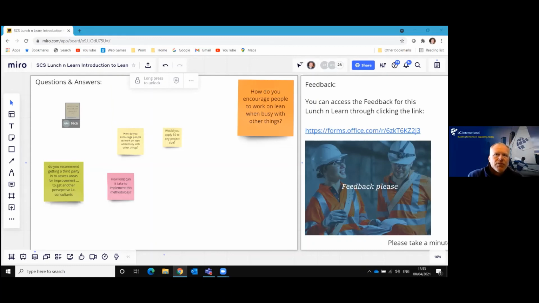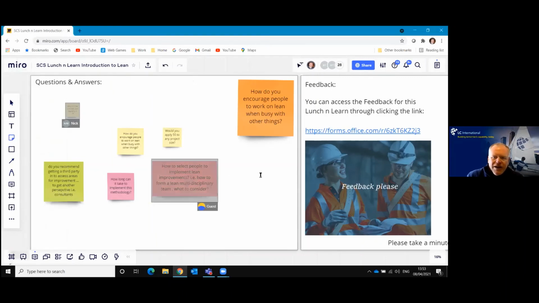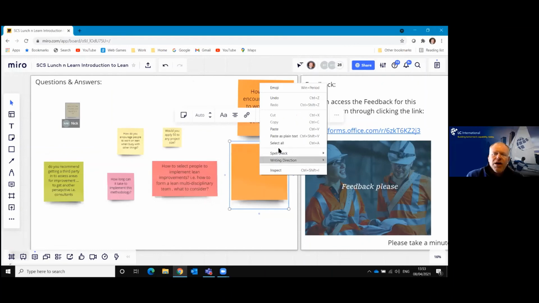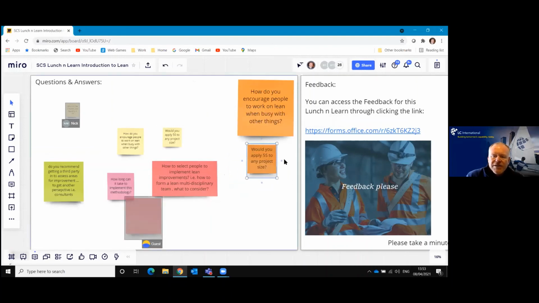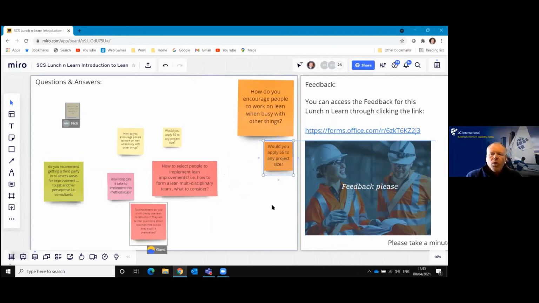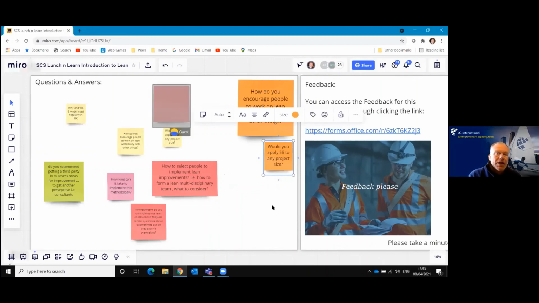We've got another question here. Would you apply 5S to any project size? That's a good question. And I would say I'm going to give what I call a non-answer. And the non-answer is it depends. I would apply 5S dependent on what it is you're trying to achieve. So please don't fall into the trap with these lean tools to just apply the tool.